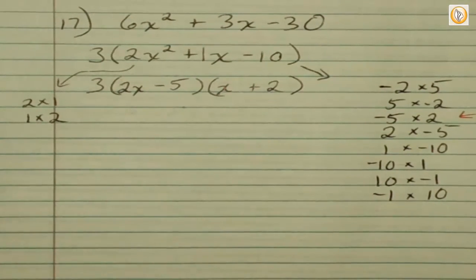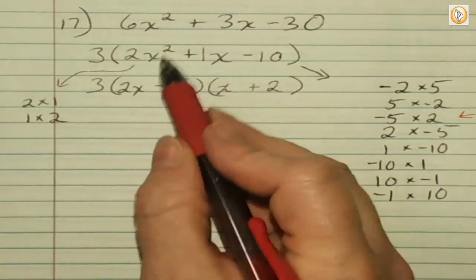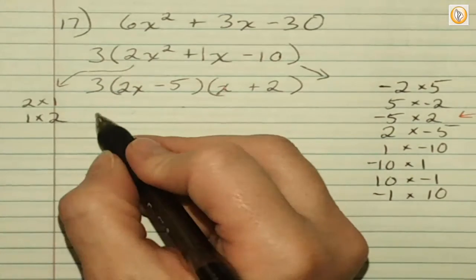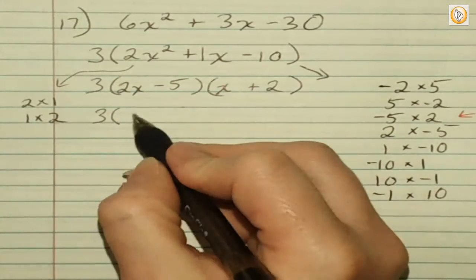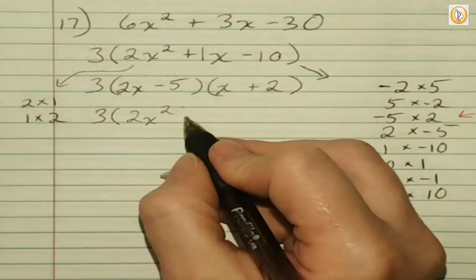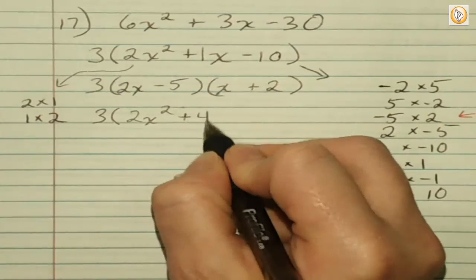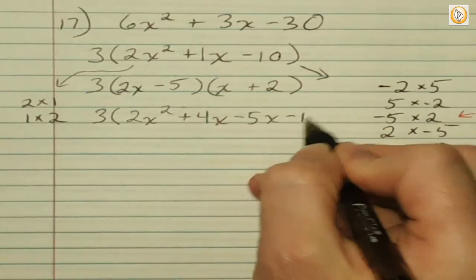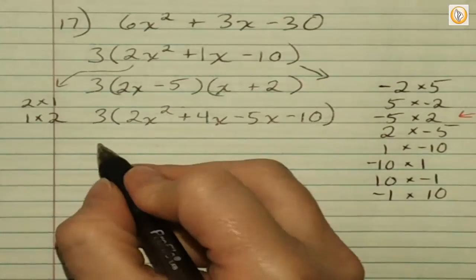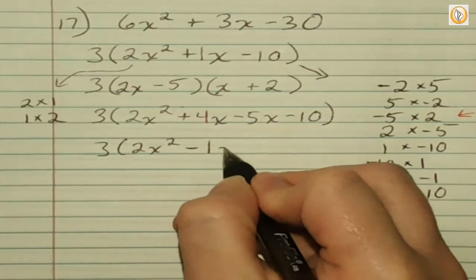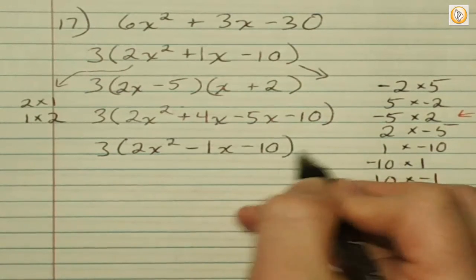All right, let's check, because we want to get it back to this right here. Don't forget that 3. I have 2x squared. 2x times 2 is 4x, negative 5x, and negative 10. Combine like terms, negative 1x minus 10.